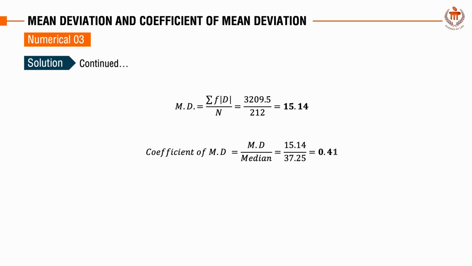Sum of f into d we got is 3209.5, divided by the total sum of frequency, 212. So we got the mean deviation as 15.1. Then the coefficient of mean deviation will be mean deviation by median into 100. Mean deviation we already got, and the median value also, so we can find the coefficient of mean deviation.